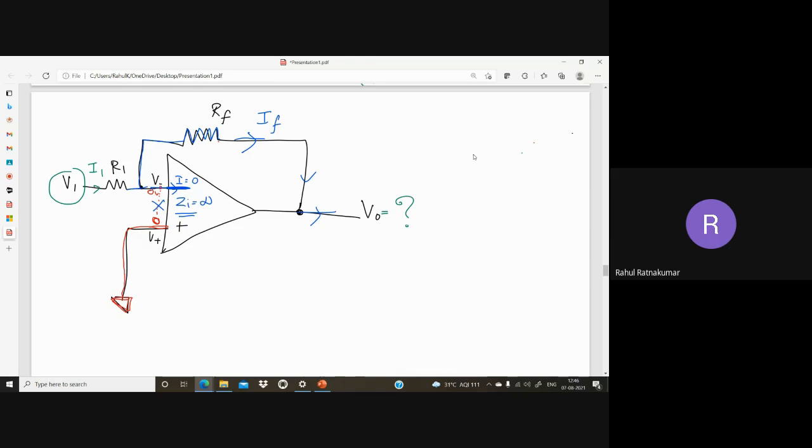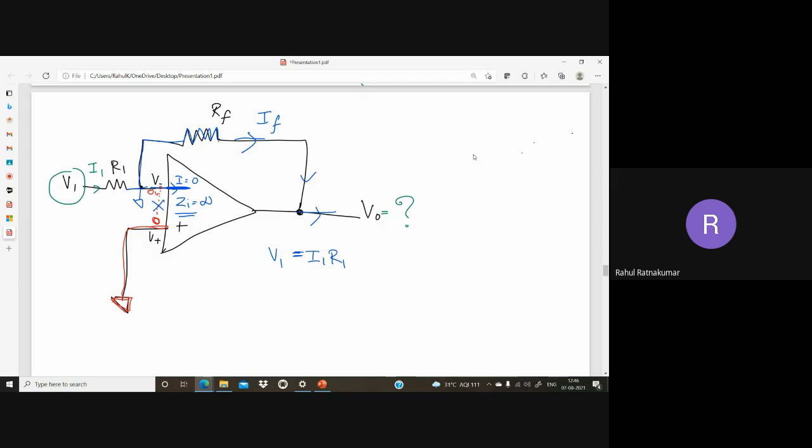Feedback resistance RF. Now let's write the Kirchhoff equations. What about V1? We can say this is grounded, so V1 equal to I1 into R1 because of the virtual ground principle, right? Now what about V output?